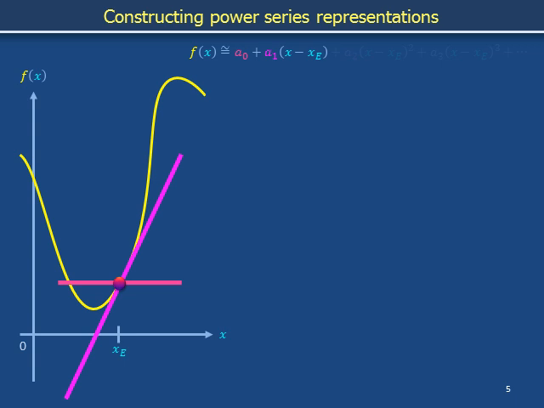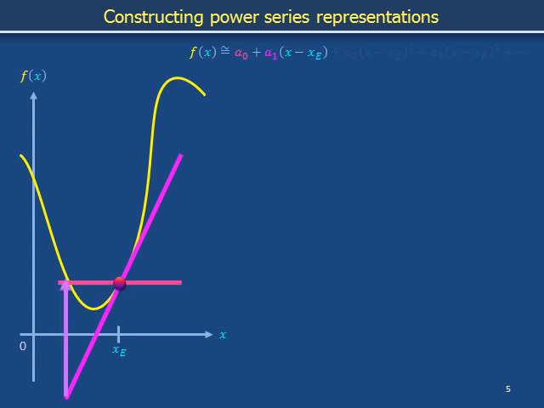While the slanted fuchsia line more accurately approximates the yellow function than does the horizontal pink line, deviations between the slanted line and the yellow curve eventually become noticeable as we move away from the expansion point toward the left or the right. We have used knowledge of the function's height and slope, but we still need to incorporate knowledge of its curvature into our approximation.